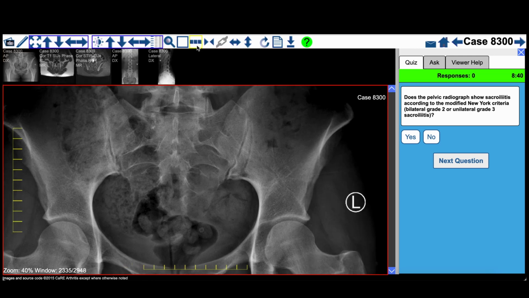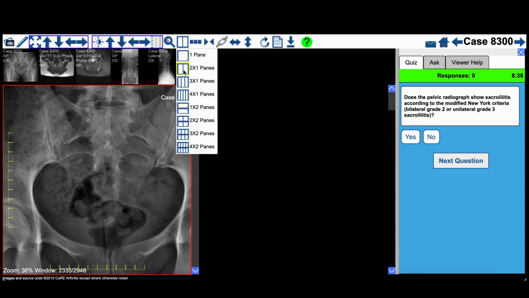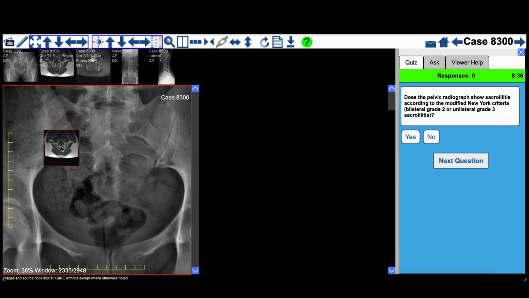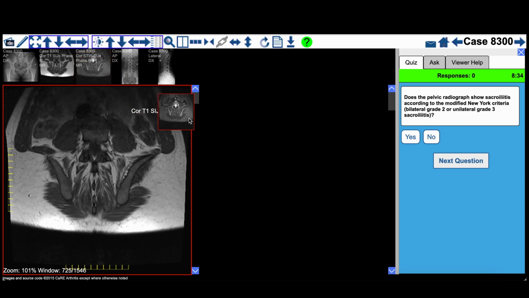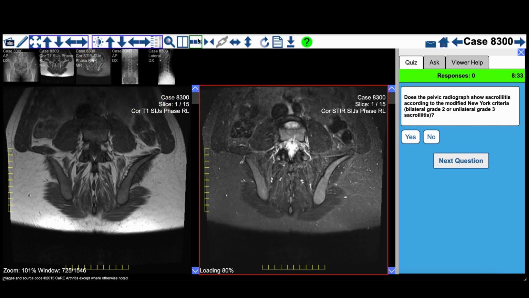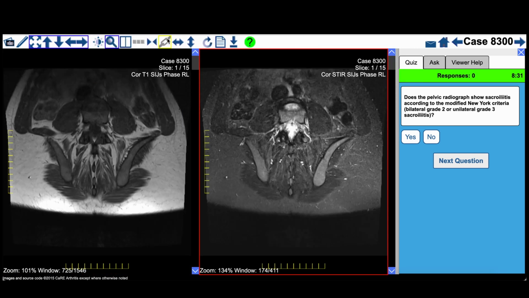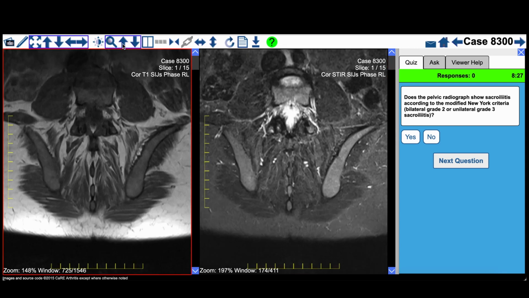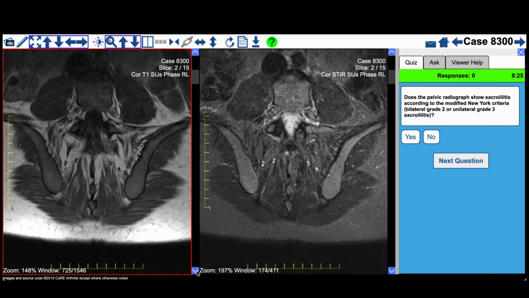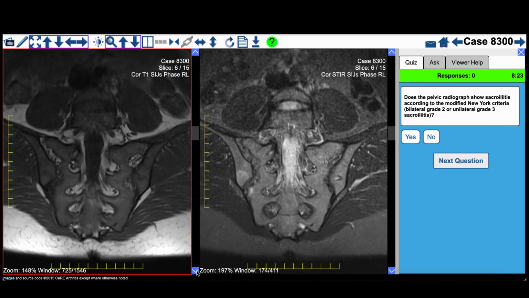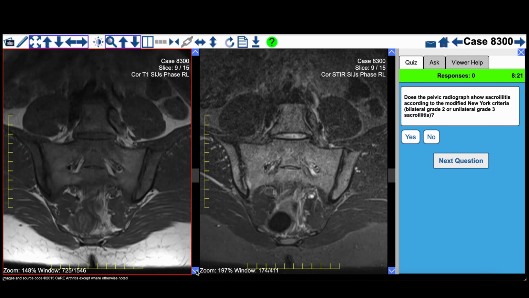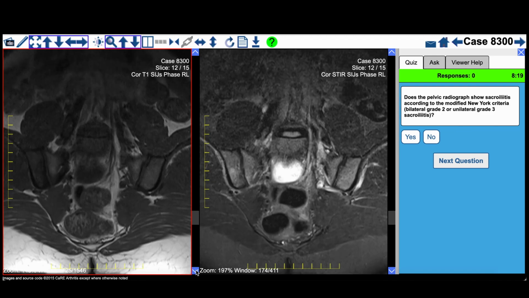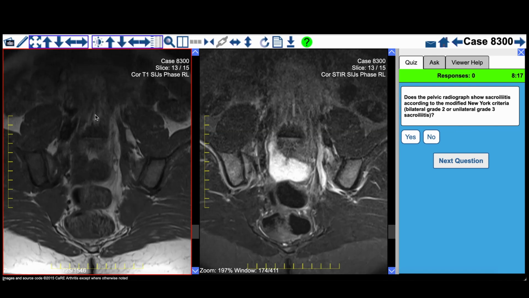So now let's have a look at the MRI scan. The T1 on the left, the STIR sequence on the right. And we will magnify both images and we will review the slices from front to back in a contextual manner, both the T1 and the STIR being viewed simultaneously.